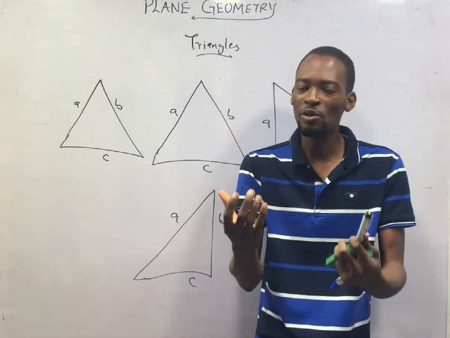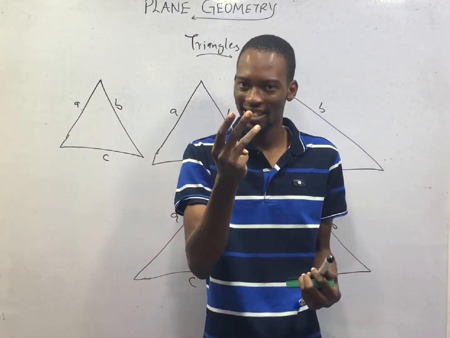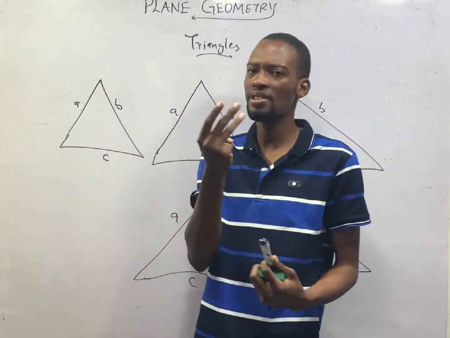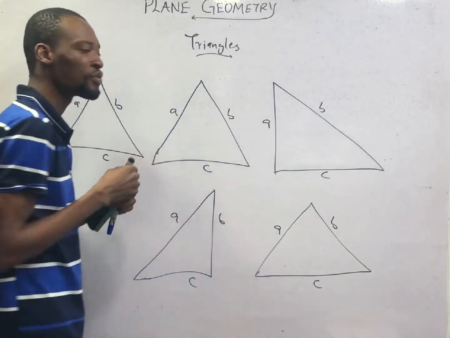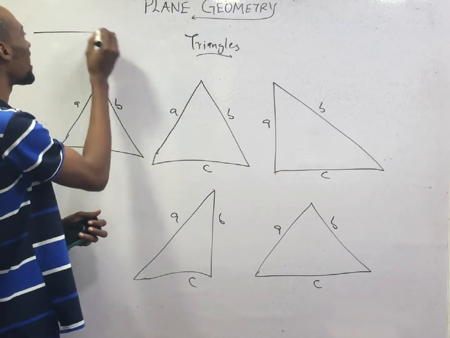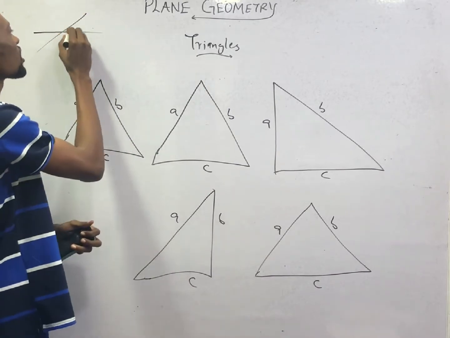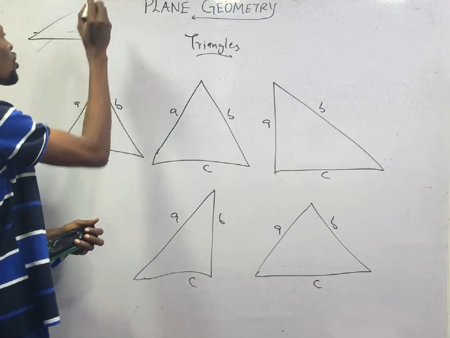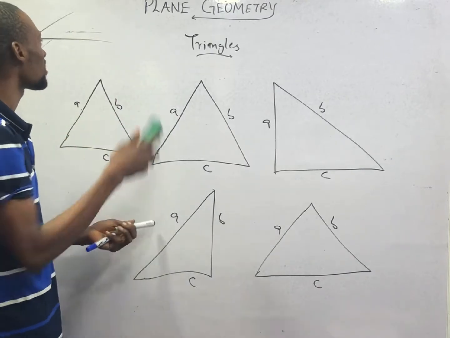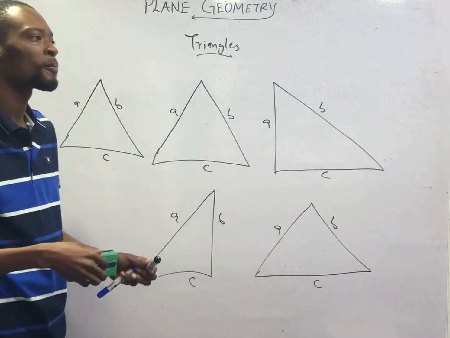Since triangles have 3 sides, they also have 3 angles. And what are angles? Or how are angles formed? When you have a line and another line crosses, angles are formed. They are inclined. You have something like this, another one comes here, you've inclined it. That is an angle.